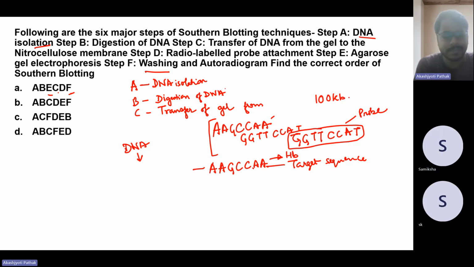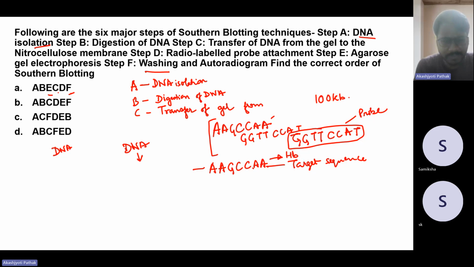Did you understand? You are not clear? Okay. So you have fragmented your DNA. After fragmentation, you run it on an agarose gel. Before transferring the DNA onto the nitrocellulose membrane, you denature the DNA. How do you denature the DNA?